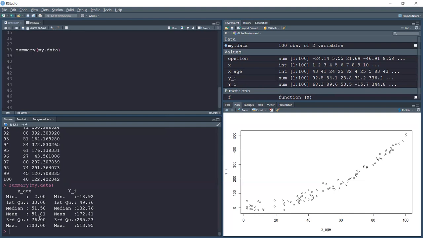So you have the age field, there's your minimum. It's subdividing the data into quartiles. So your youngest 25%, since I'm just taking this to be age, your youngest 25% is 33 years or younger. Your oldest 25% is 76 years or older.